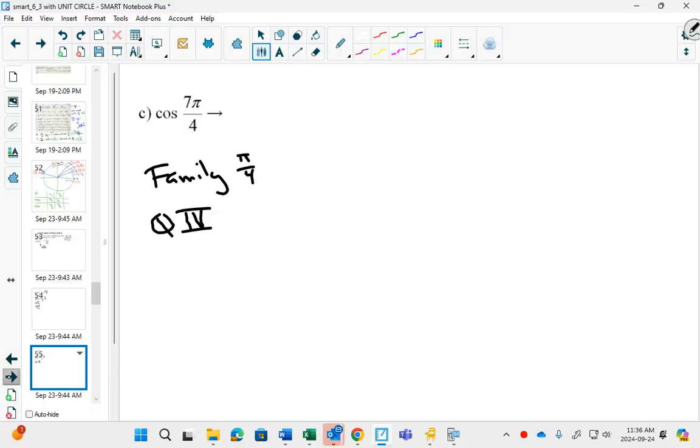Is cos positive or negative in quadrant 4? Right, CAST rule. Quadrant 4 is going to be positive. So again, from my quadrant 1, I know the pi over 4 is root 2 over 2, because my x coordinate is root 2 over 2. And then I just use the other quadrants to find out if it's positive or negative.